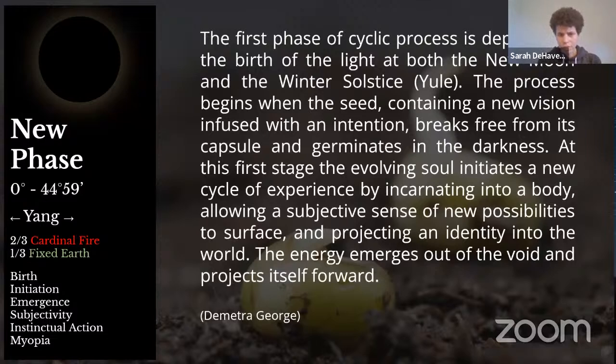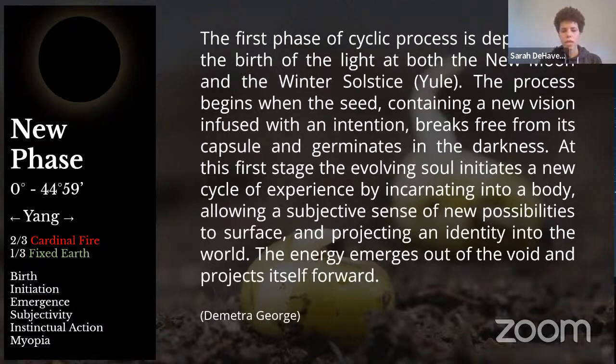She says, The first phase of the cyclic process is depicted by the birth of the light at both the new moon and the winter solstice. The process begins when the seed containing a new vision, infused with an intention, breaks free from its capsule and germinates in the darkness.